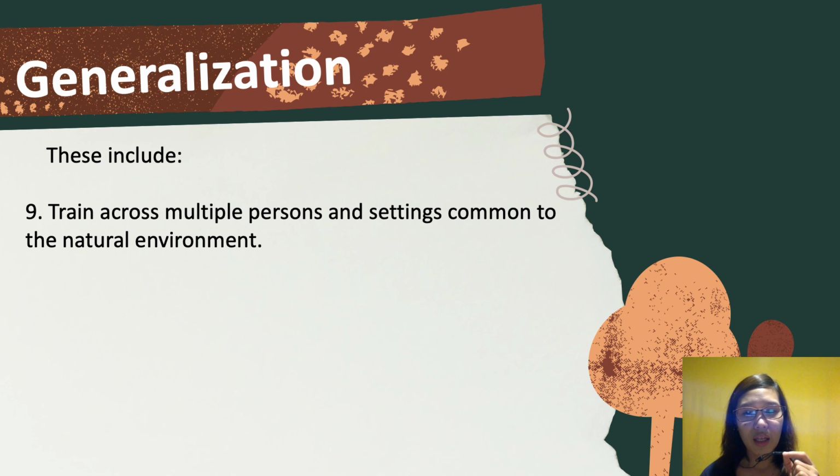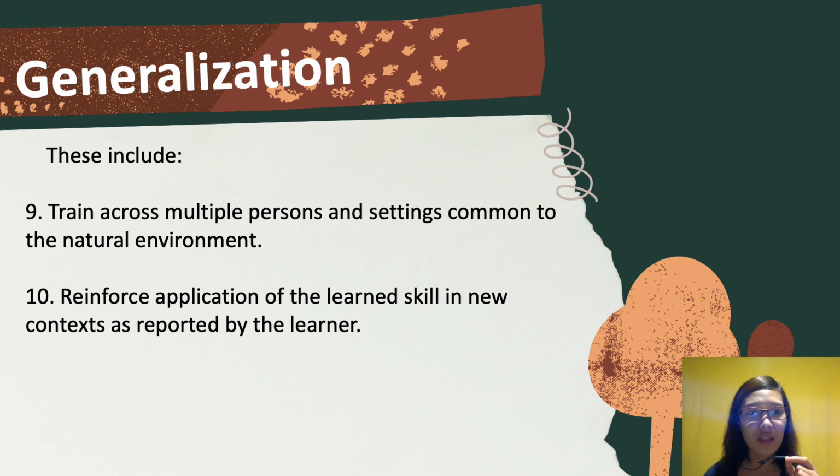Second to the last, train across multiple persons and settings common to the natural environment. So, after the classmates, probably going to some adults, that is sharing the common natural setting and environment. And then the last is reinforce application of the learned skill in a new context as reported by the learner.